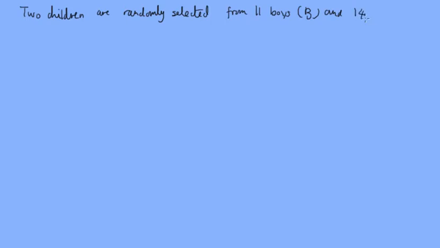So, two children are randomly selected from 11 boys and 14 girls.